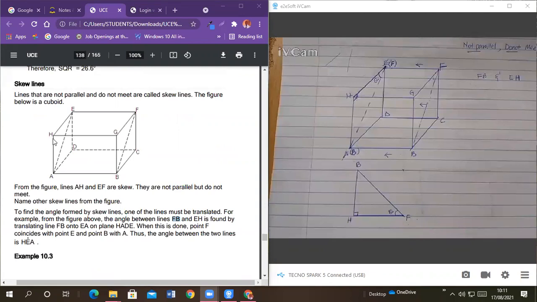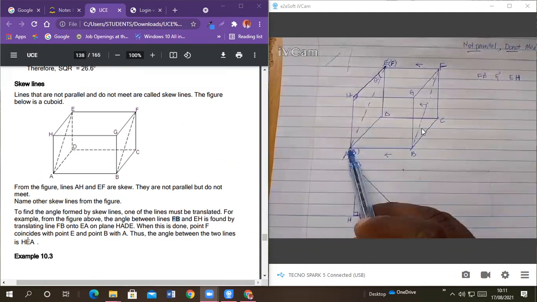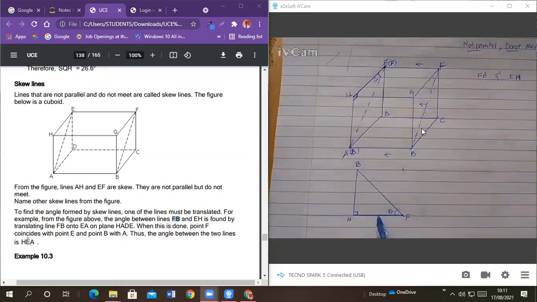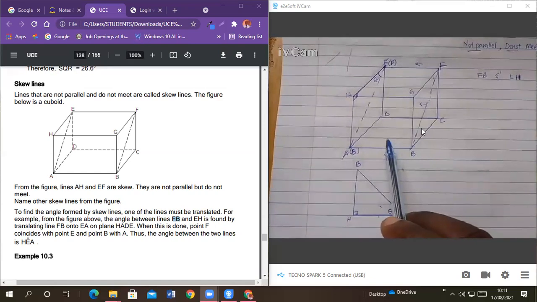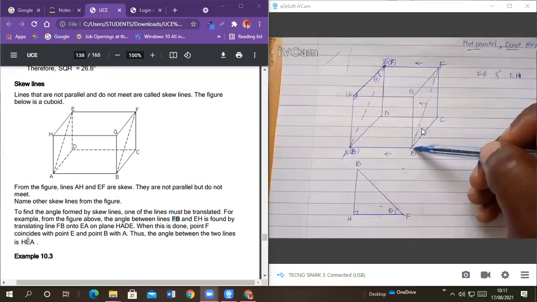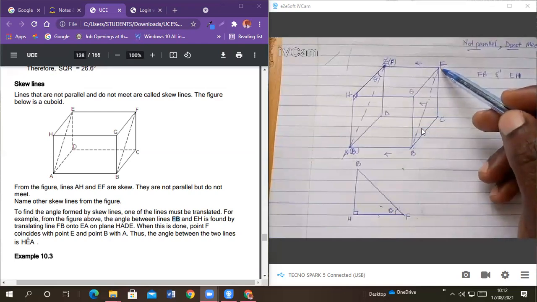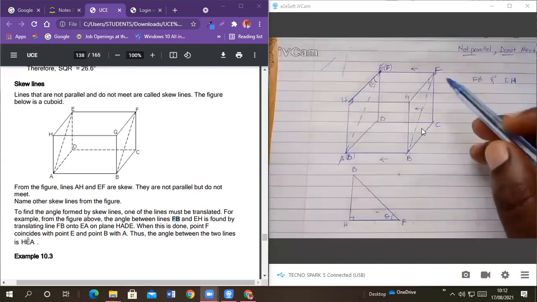On the second diagram, this one, the right angle triangle that you've drawn.